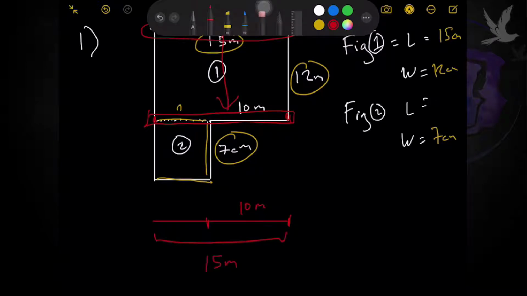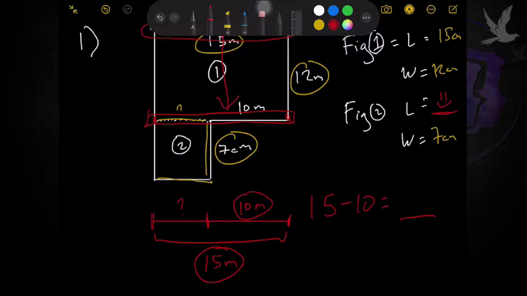So total length is 15, part of it is 10. How are you able to get this part here? Obviously, take 15 and remove 10 from it, and that will give you the answer. So that will be equivalent to your length over here.